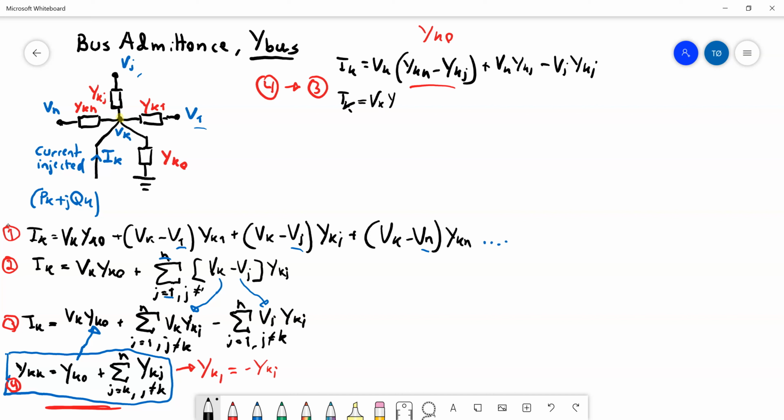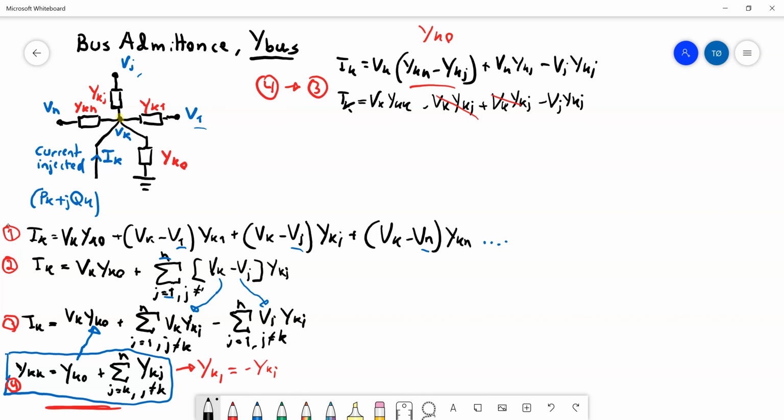Then we multiply VK YKK minus VK YKJ plus VK YKJ minus VJ YKJ, and then this goes away.